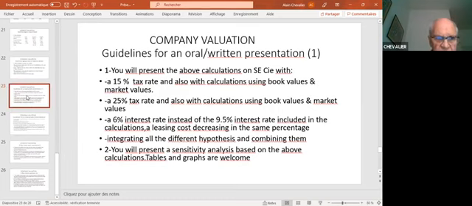It means in slide 23 and slide 24, I give you some more elements of calculation, and I ask you, starting from what I presented today, to make calculations, sensitivity analysis, and design scenarios with different tax rates. You see on slide 23: 15%, 25%, and interest rates of 6% instead of 9.5%.